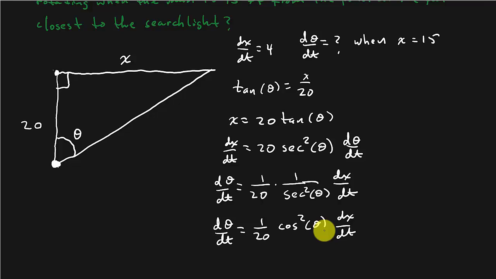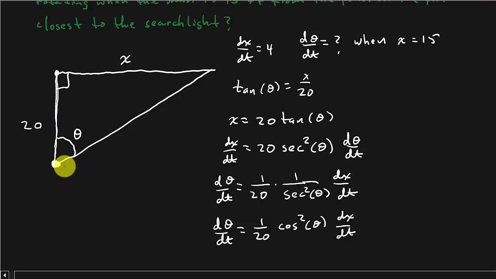Well, I know that's when x is 15, and I need cosine. Remember, cosine is adjacent over hypotenuse. So I need to know the hypotenuse when x is 15.